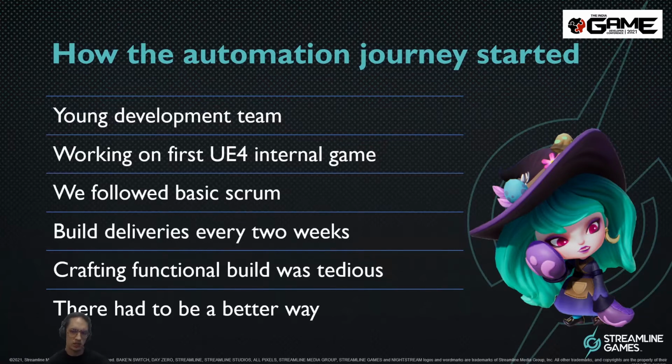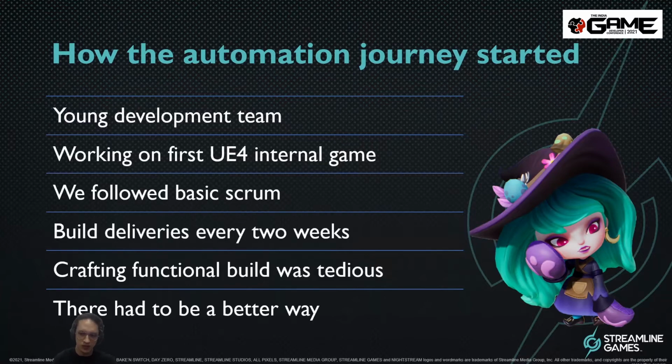The building process initially was done manually by the team lead, on our own development machines, and it took a long time. So the problem with that was we didn't test the build frequently enough because it took so long, and it rendered one of the developers useless for an extended period of time.